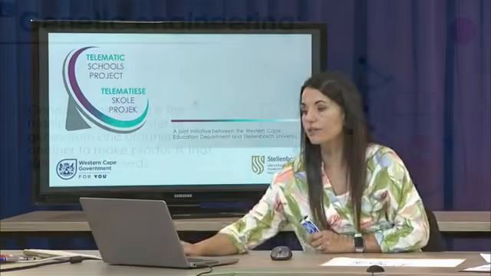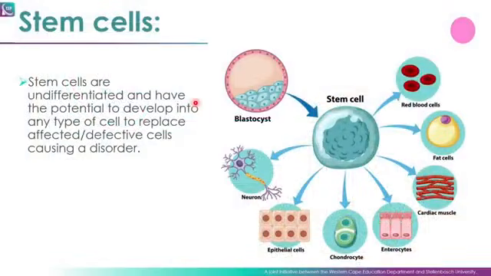In genetic engineering, we've also got stem cells. Now, what is a stem cell? That's a little bit of definition that you've done in grade 10. They are cells that are undifferentiated and have the potential to develop into any type of cell to replace the affected or defective cell causing a disorder.